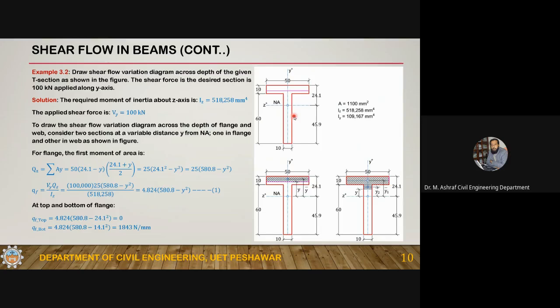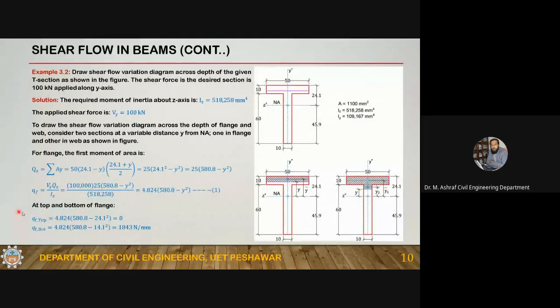So what is the shear flow? We discussed this already, it is known to us. This is the same thing which we studied in the earlier case, so the definition of first moment of area is the same. Okay, so q_F is equal to Vy Qz divided by Iz. Plug in the value and you will get 4.824 into (580.8 minus y square).